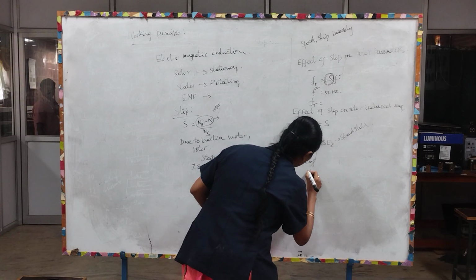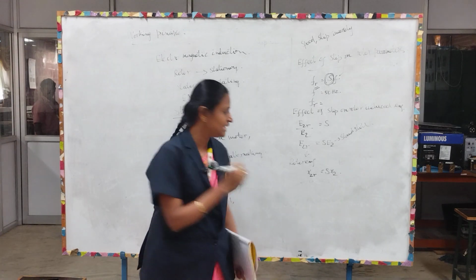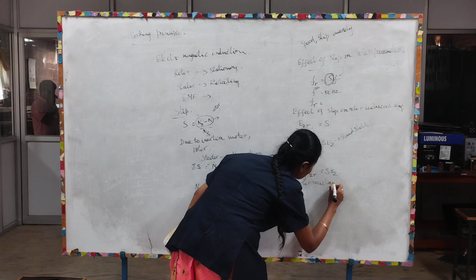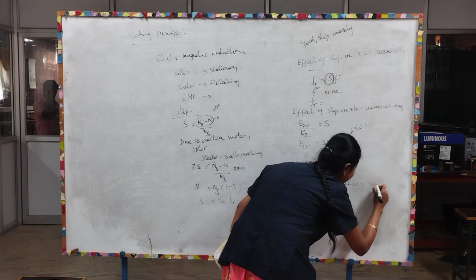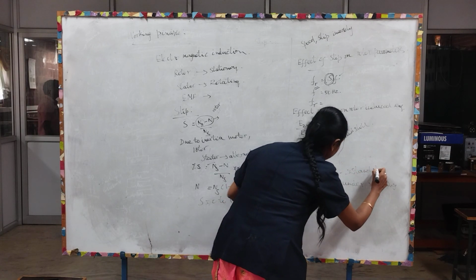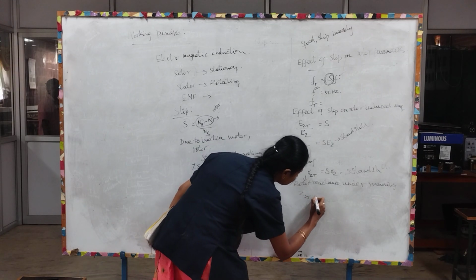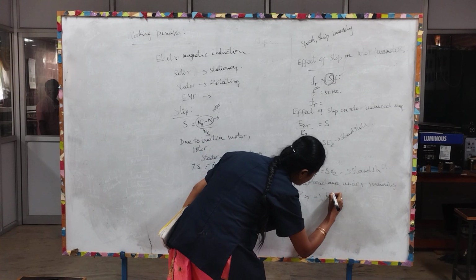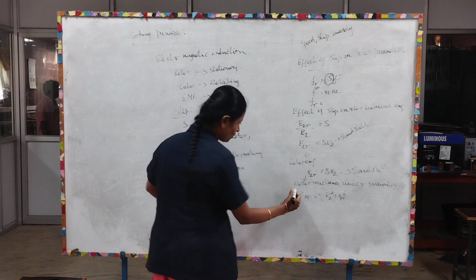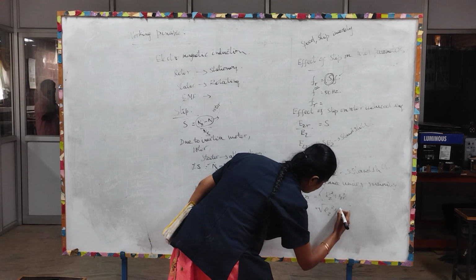Now similarly, X2R can be written as S into X2, where X2R is the rotor reactance under running condition and X2 is the standstill rotor reactance. So what is impedance? Z2R, the rotor impedance under running condition, can be written as the square root of R2 squared plus X2R squared, that is, R2 squared plus (S into X2) whole squared.